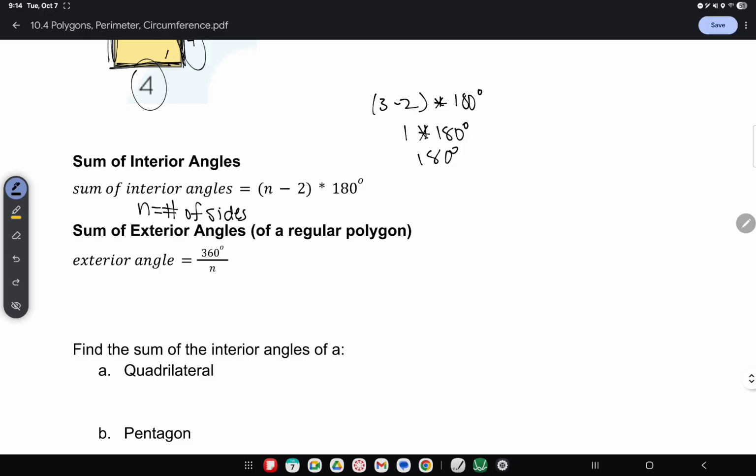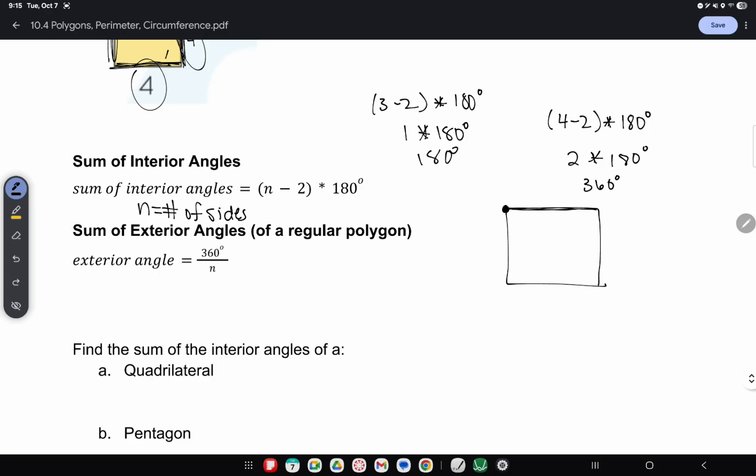So if I do another shape, like a rectangle or a square, that has 4 sides. So 4 minus 2 times 180 degrees. Well, 4 minus 2 is 2. And 2 times 180 degrees is 360 degrees. So what I'm going to do is draw a little picture here. I'm going to take this vertex, doesn't matter which one, and draw a line segment from the first vertex to every single other vertex.